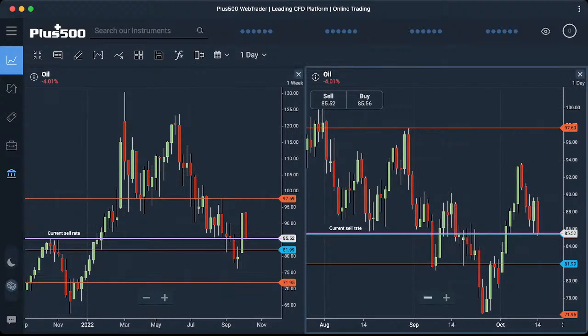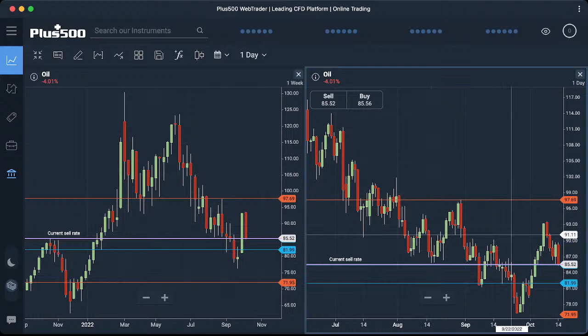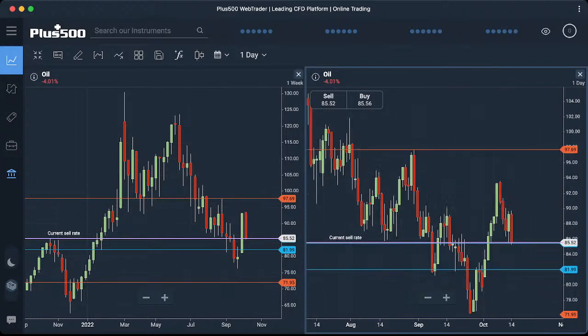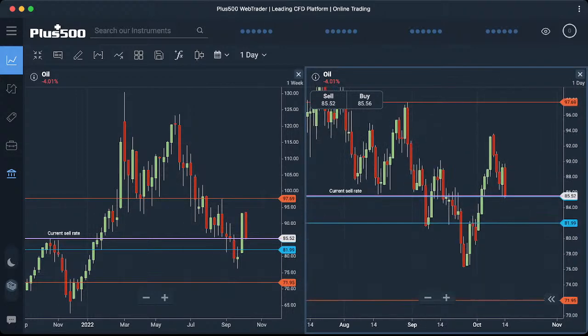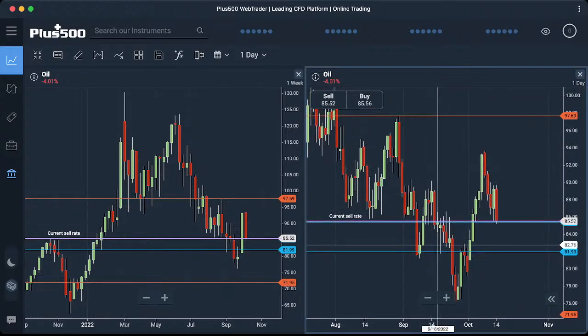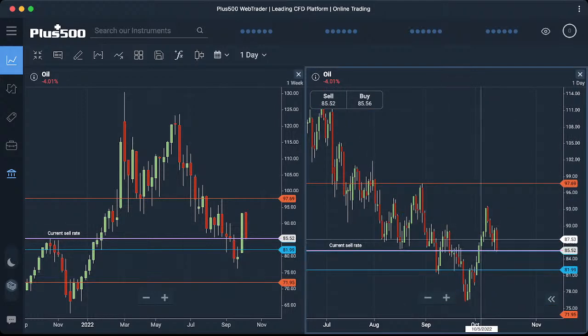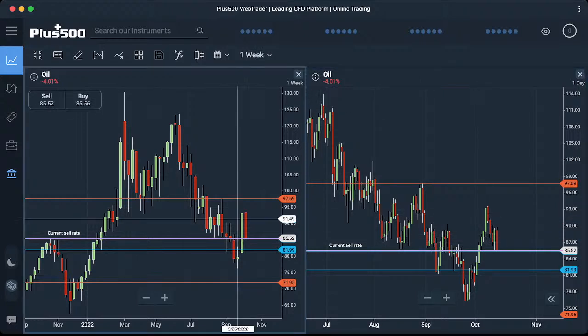So for crude oil, from the beginning of this month, I was bullish, but of course, we will stay overall bearish for crude oil, but not for the month of October. Remember, I said October is going to be a bullish month, so at least for this week we have to see the price action.